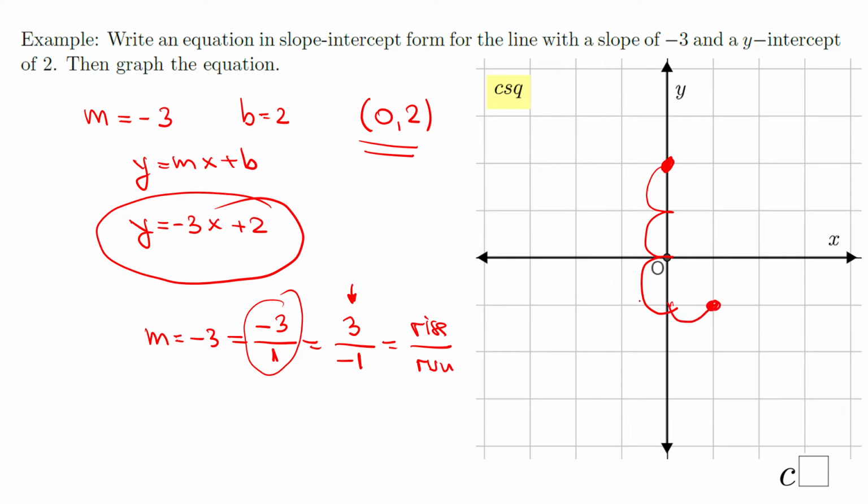This is the second point, and now I have the graph of this equation. I don't need a third point. And that's it. One more time, remember, whenever you have an integer like this one, you may want to rewrite it in fraction form so you can see the rise and run, and then you can use it for graphing.